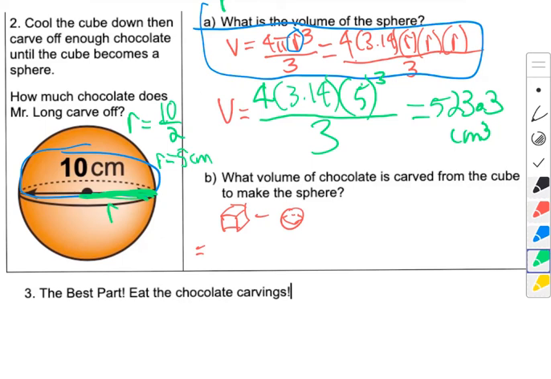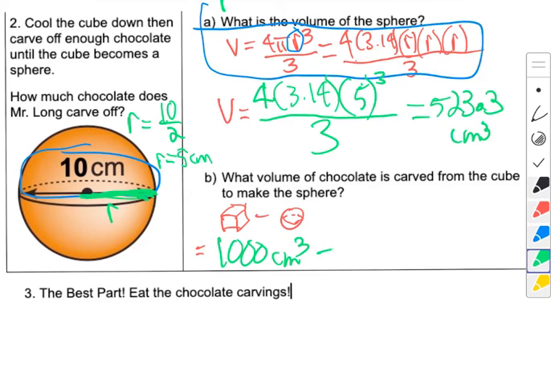So now I want to know, because the best part of this really is that I get to eat all the shavings, all the part that I carved off. How much do I get to eat? Well, the whole box is 1,000. The original cube was 1,000.